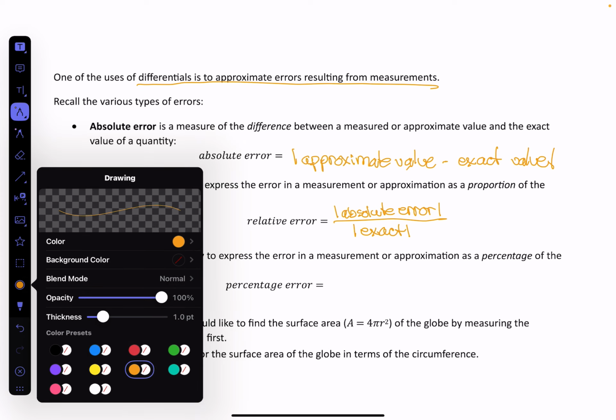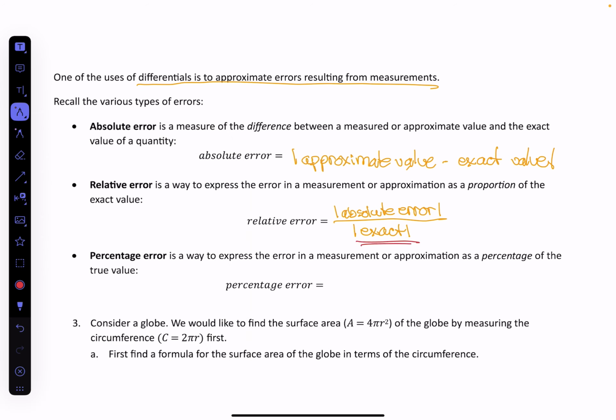Now the problem is, when we're talking about measurements, we don't have the exact value a lot of times. So we approximate it by the measured value, or the approximate value. So we take our absolute error and we divide it by our approximate value.